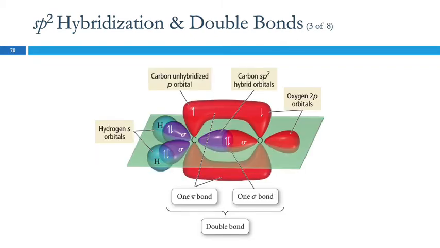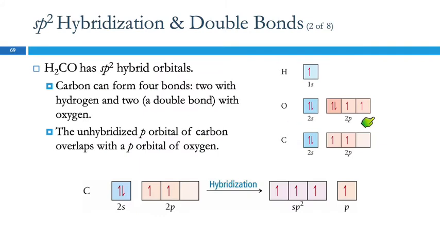So what are we looking at here? These are the 3 sp2 orbitals. Each of carbon's has 1 electron in it. So these are overlapping with hydrogen's half-filled orbital and hydrogen's half-filled orbital. This one is overlapping with oxygen's p orbital. See, what does oxygen have here?